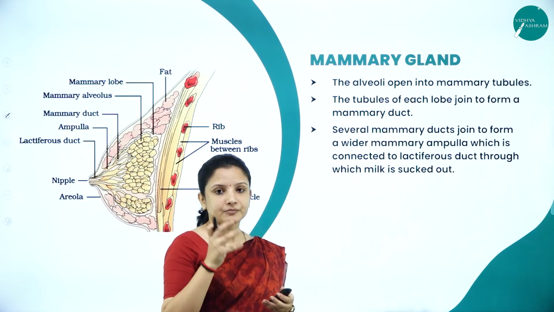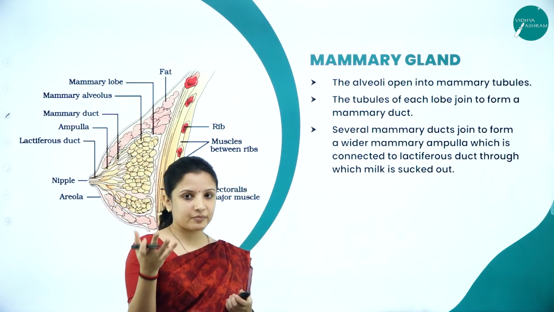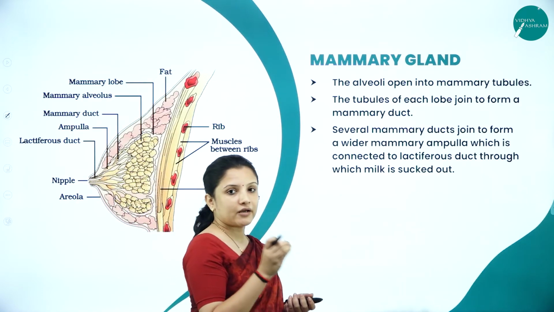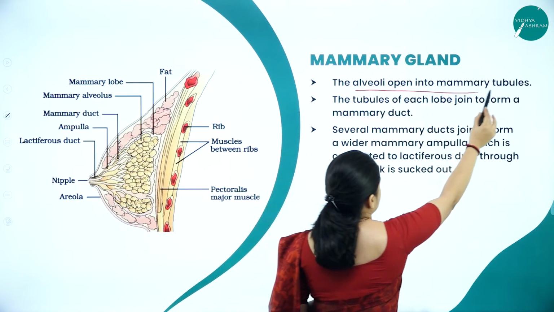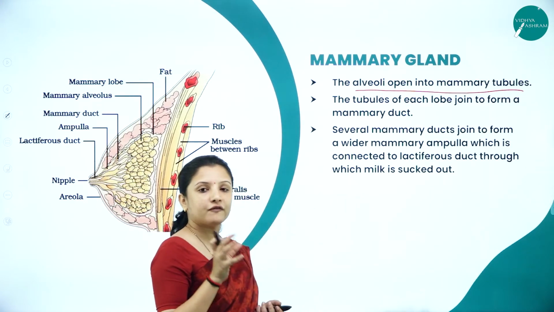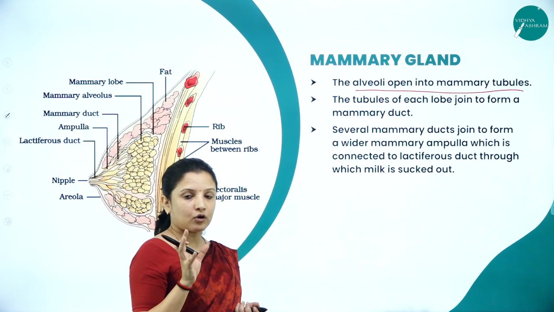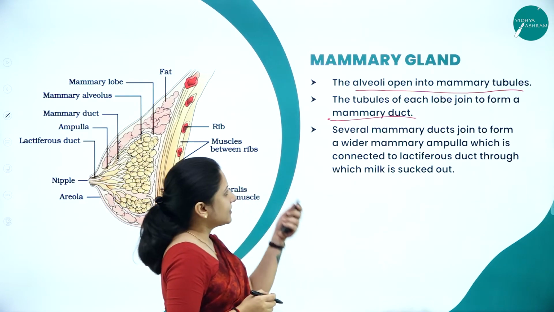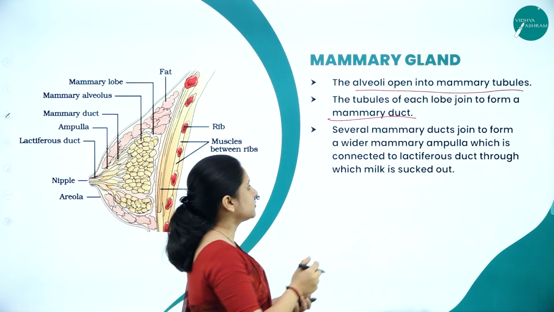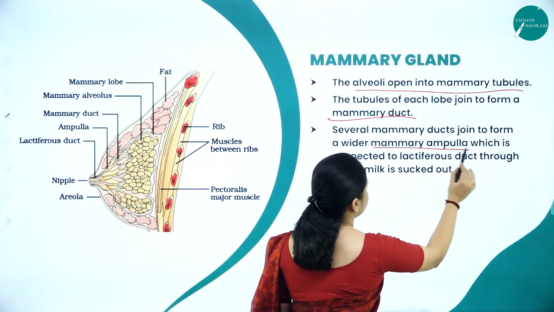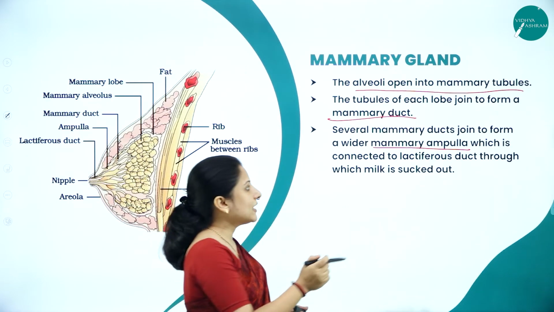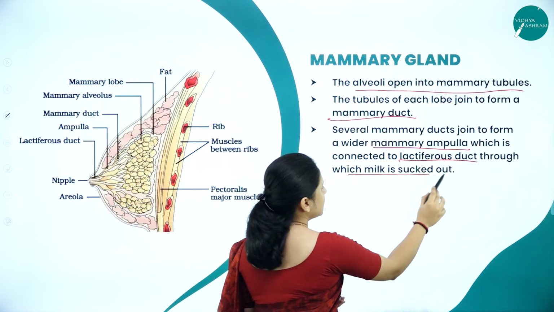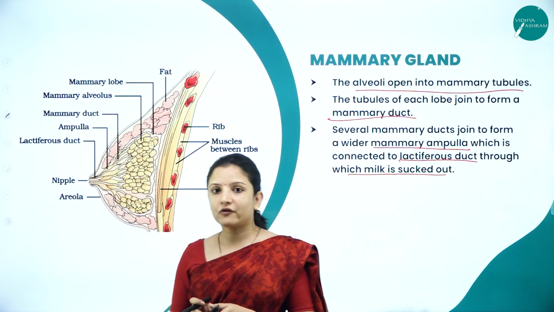Then the alveoli open into the mammary tubules, and the tubules of each of the lobes join to form a mammary duct. Several mammary ducts again join to form a wider mammary ampulla, which is connected to a lactiferous duct, and it is through this lactiferous duct that the milk is sucked out. So that is the function of the mammary gland.